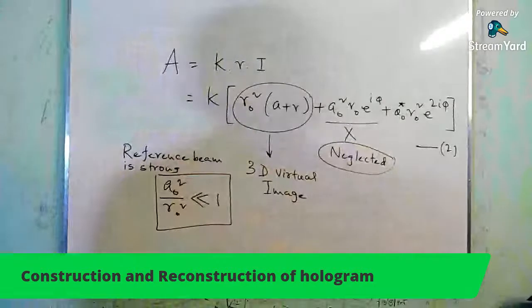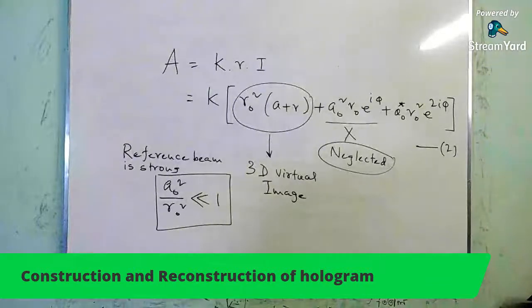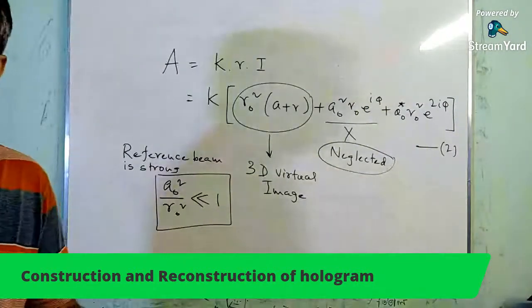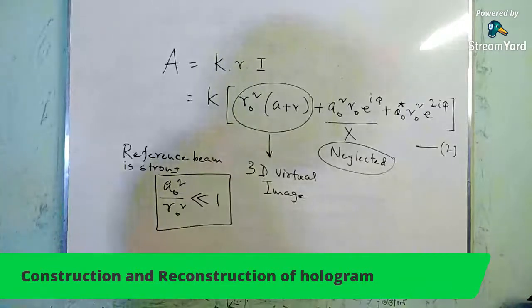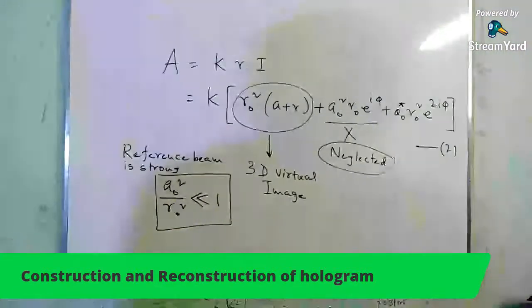Now let's move on to the third term, that is A0 star R0 square e to the power twice i phi. For a reference wave whose phase and amplitude are almost constant all over the hologram, the third term is proportional to the conjugate of the object wave amplitude.